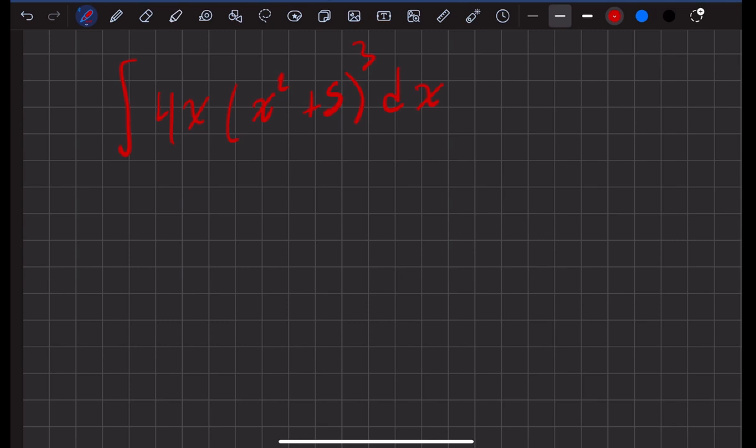And if there are multiple things within parentheses, you usually want to use the highest exponent thing. So right now, using this x squared plus 5, which is within the parentheses, is going to help us easiest. What we're doing is a chain rule of sorts in order to solve this integral, which is why we're using the inside of the parentheses.